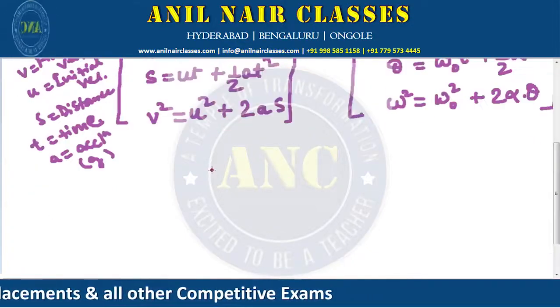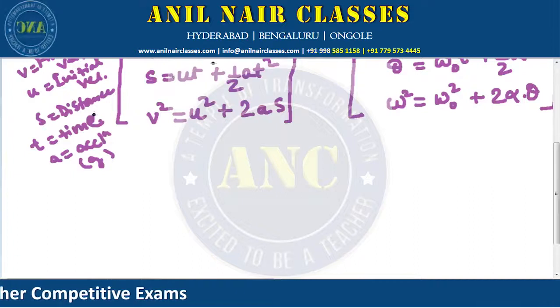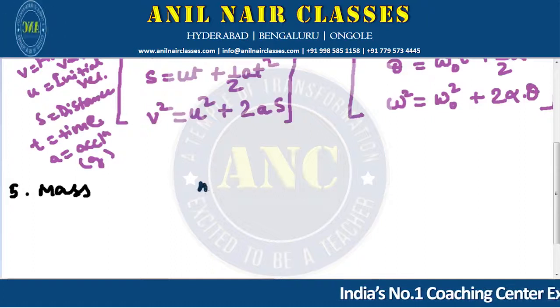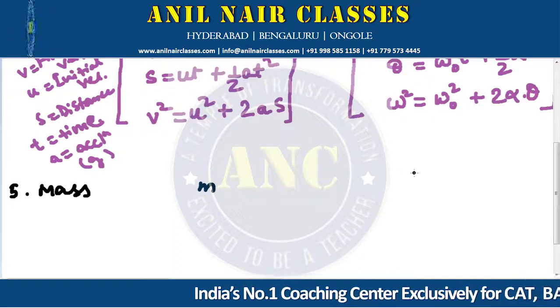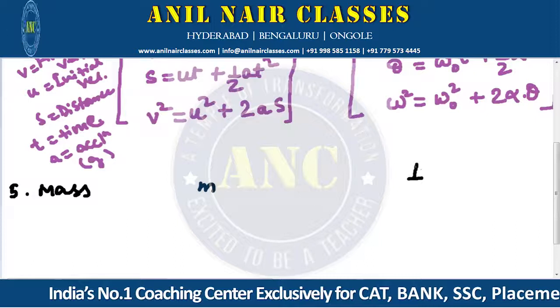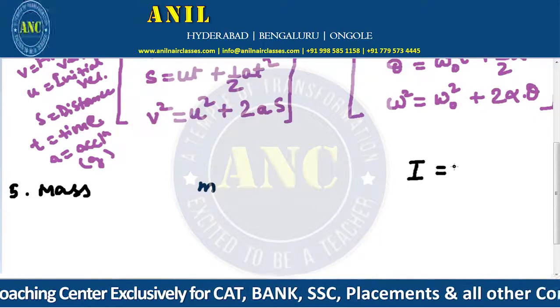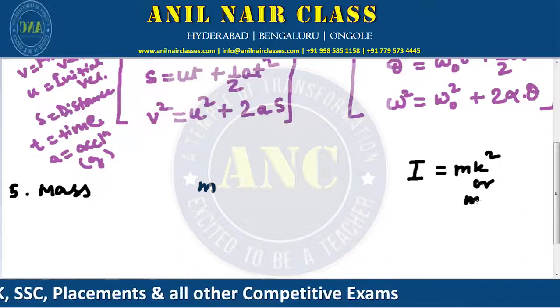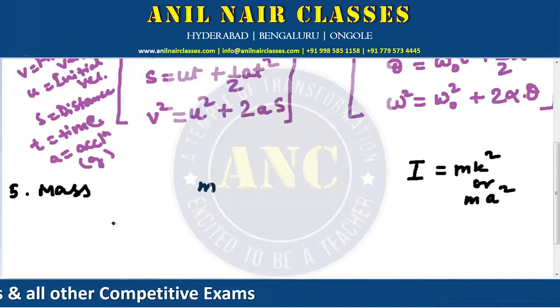Now the fifth one, we'll go for mass. In case of linear, the mass will be given by m, whereas in case of rotational, the mass will be given by I, which we generally show by mk square or ma square, right?